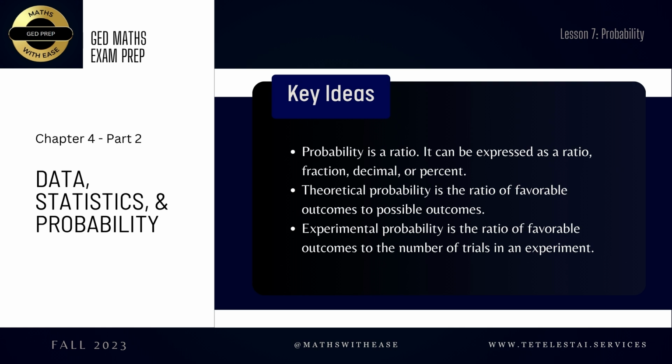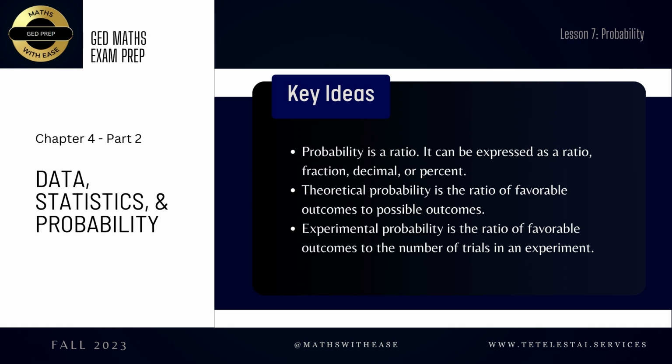Lesson 7 is on probability. The key idea brought forward here is that probability is a ratio. It can be expressed as a ratio, fraction, decimal, or percentage. In the last couple of lessons, we've seen examples of how a ratio can be expressed in fraction form, and then that fraction can be transformed into its decimal equivalent, and from the decimal equivalent, we can find the percentage equivalent.